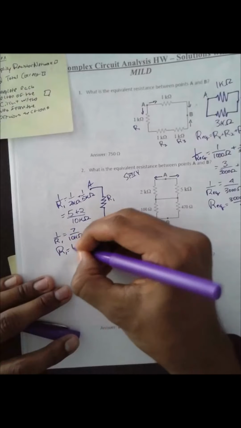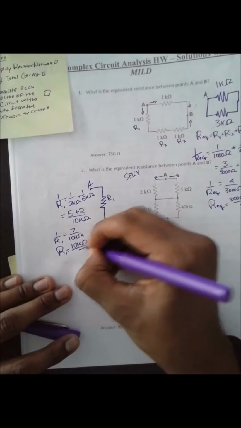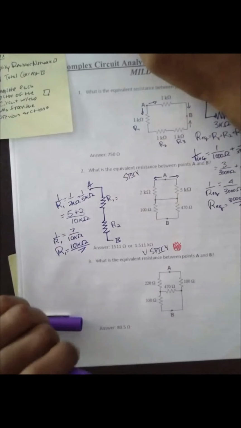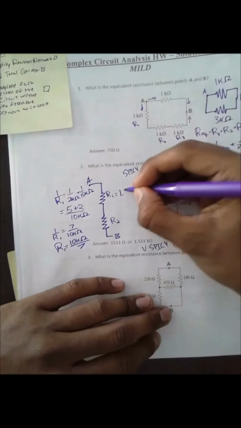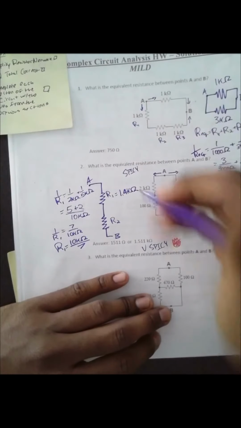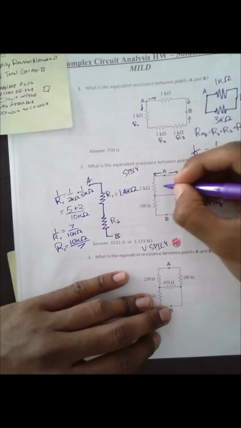So then R1 is equal to 10 kilo ohms over 7, which is equal to, I think, 1 point something. Let me check my calculator. So 10 divided by 7 is 1.4. Yeah. So R1 is equal to 1.4 kilo ohms. That's the sum of these two.